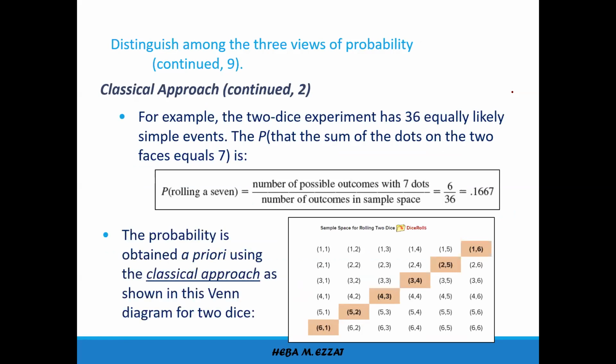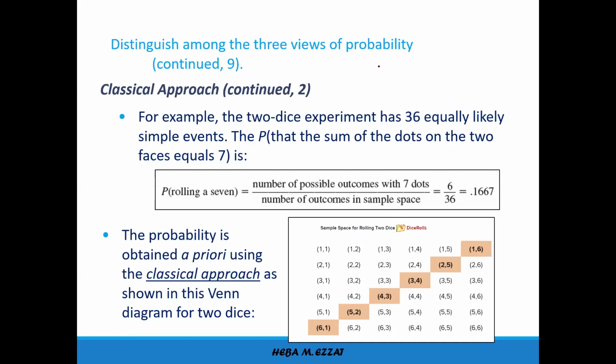These are just examples for the classical approach. As I'm telling you, the classical approach is what things should be. But when you are conducting a random experiment, the outcome may be different than this.